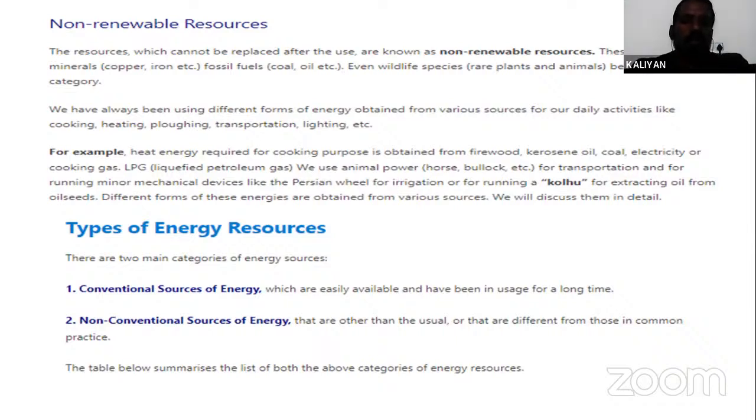And the types of energy sources: conventional sources of energy and non-conventional sources of energy. Conventional is those which are easily available. Non-conventional has different forms in common practice.